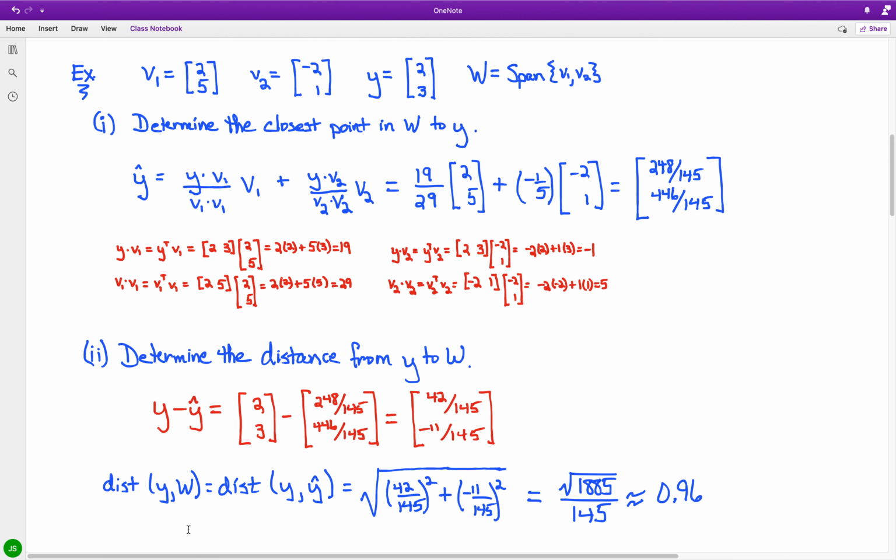The distance from y to W is the same as the distance from y to the projection.